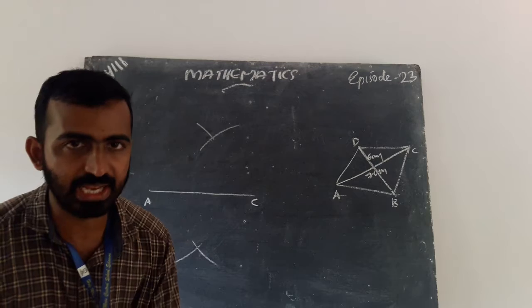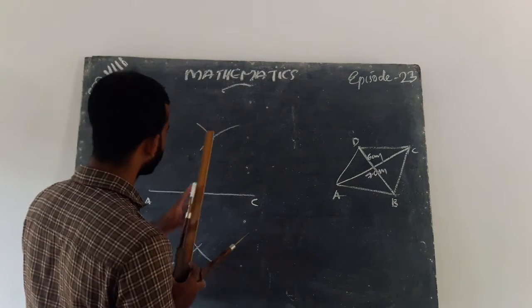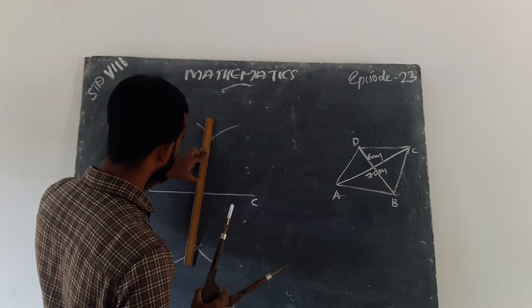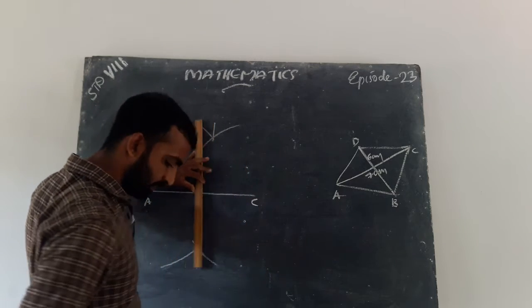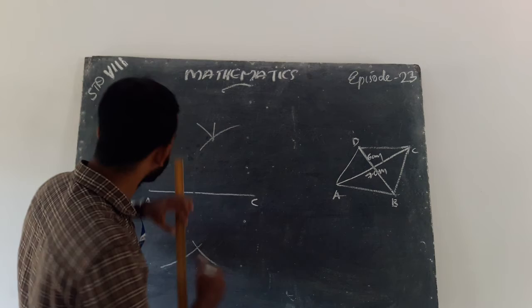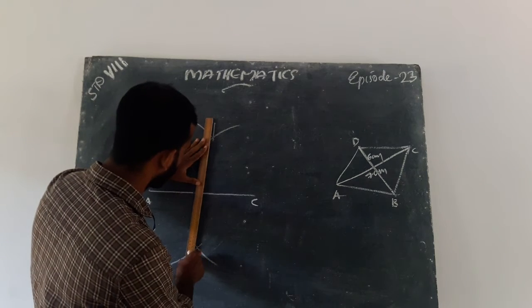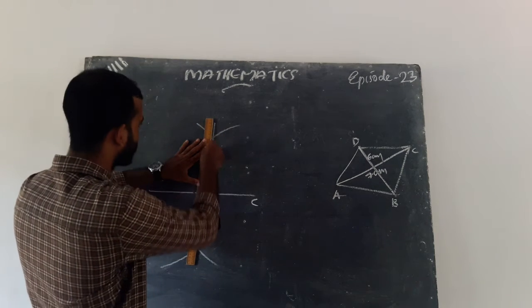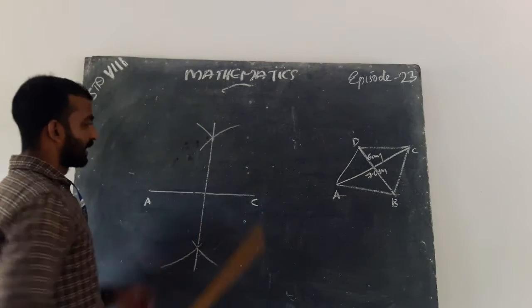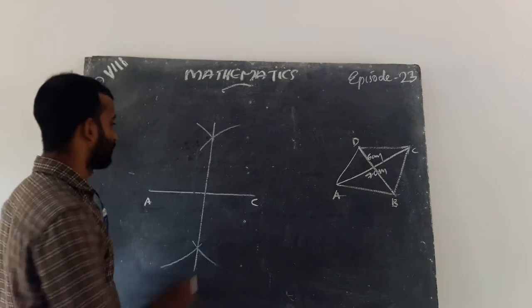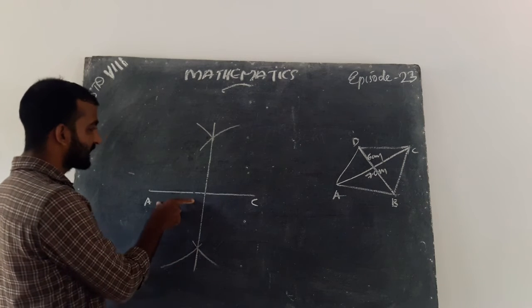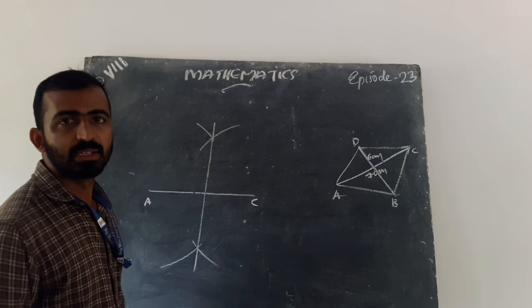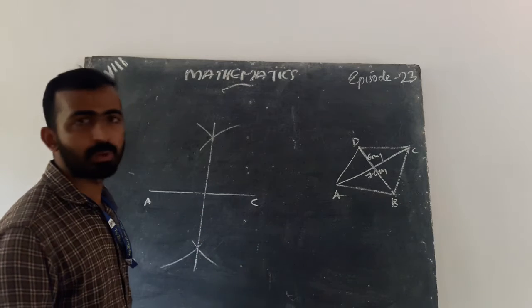Then we draw the line. That is, we get the perpendicular bisector. This length and this length are equal. This is our perpendicular bisector.